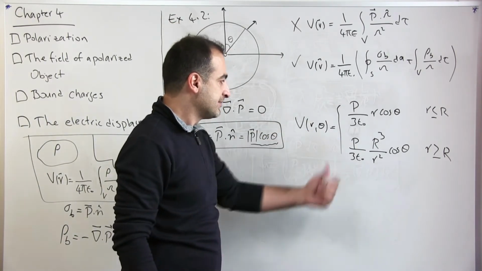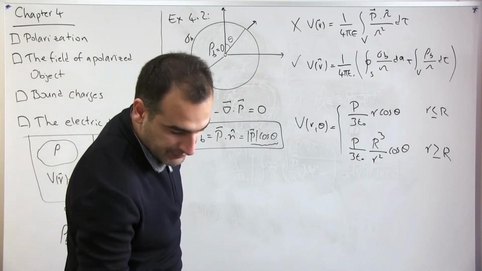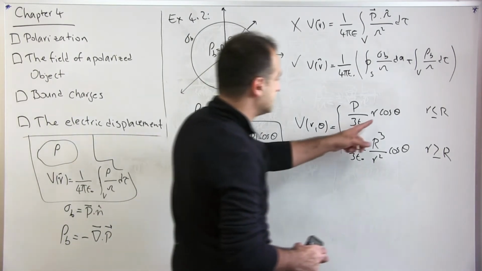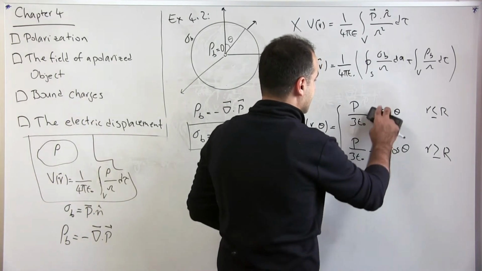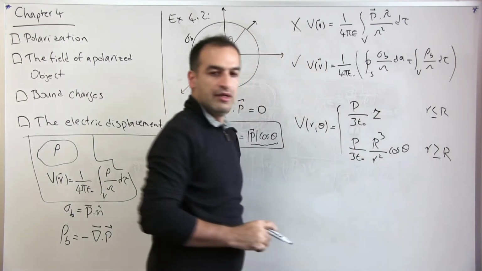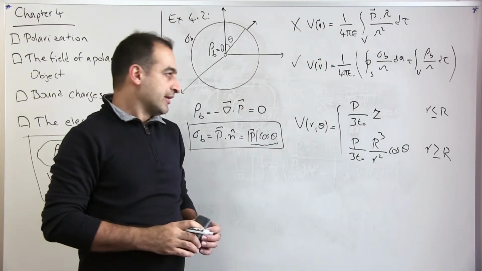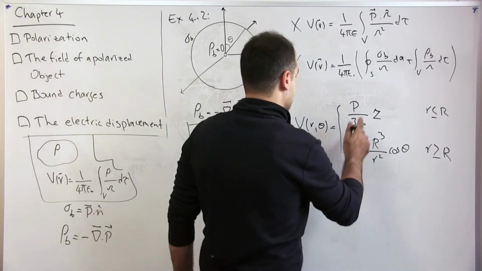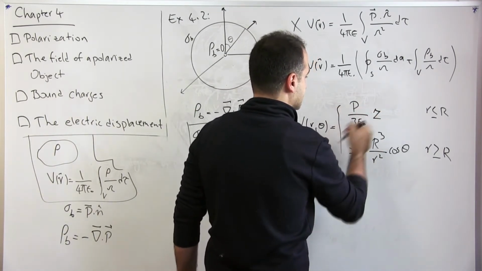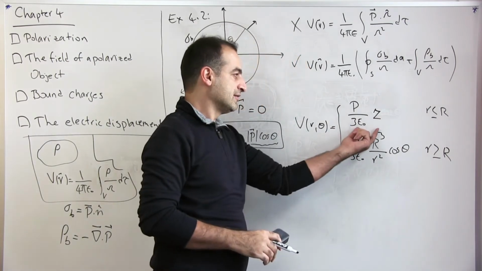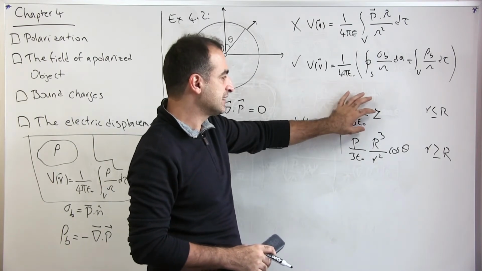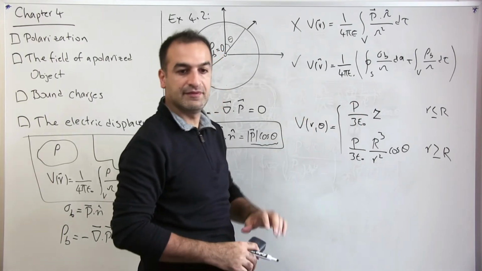This is the potential we get, and of course from the potential we can calculate the electric field. Inside, r cosine theta is in fact equal to z in Cartesian coordinates. So inside the sphere we have P over 3 epsilon 0 times z, which is not uniform but linear with respect to z. If you take the derivative of this to calculate the electric field, that becomes a constant field.